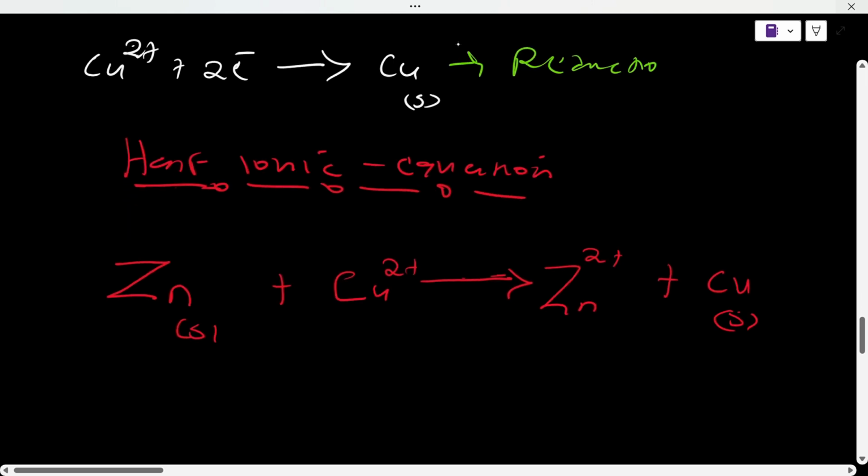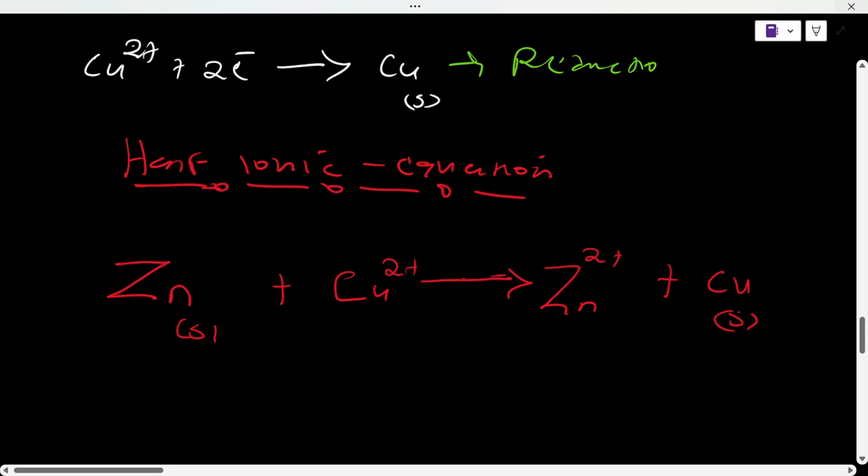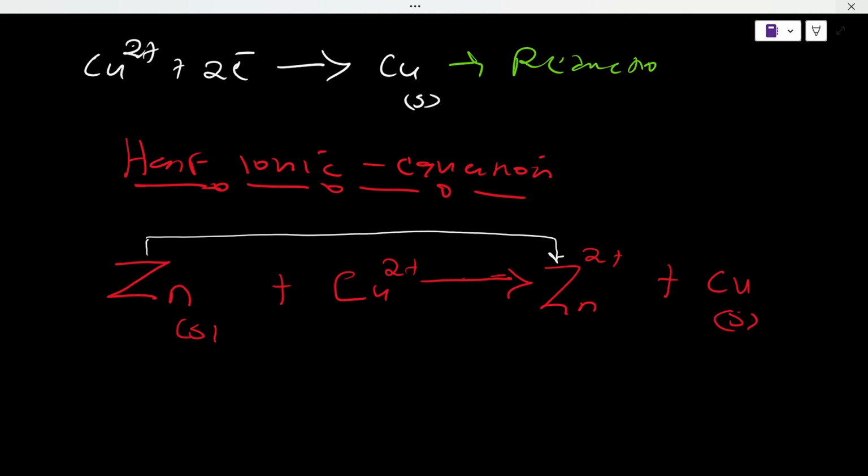So if I want to analyze this in detail, I can decide to analyze it in a positive way. So zinc changed from zinc solid to zinc ion. So what did zinc do?